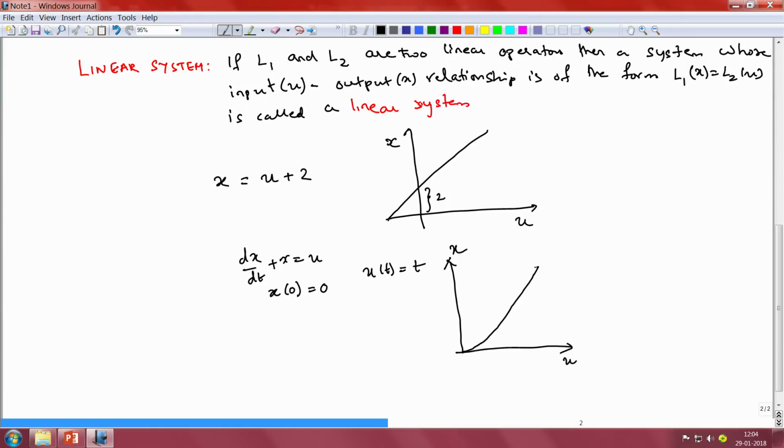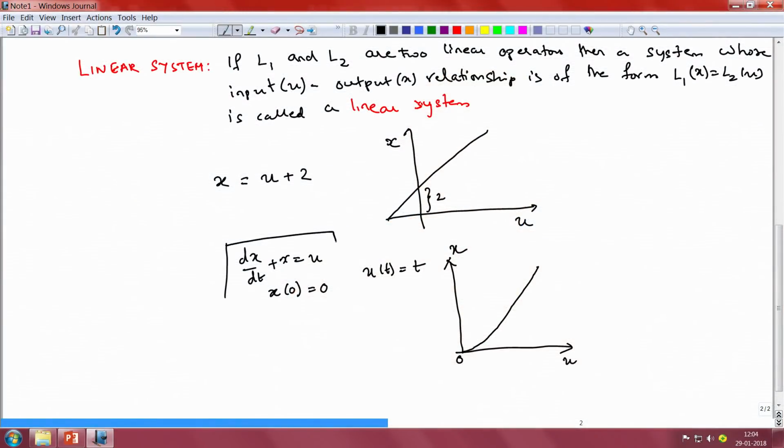In other words, it would show a pronounced nonlinearity in the input output relationship near the origin. However, if you were to apply the definition of a linear system, namely as one whose input output relationship is governed by an equation of the kind L1 of x is equal to L2 of u, you will quickly notice that this particular system dx by dt plus x equal to u is actually a linear system.